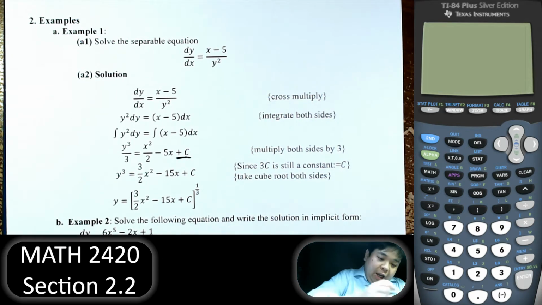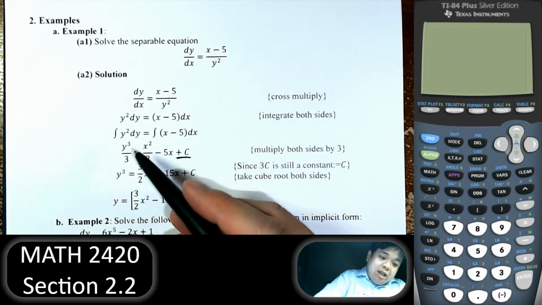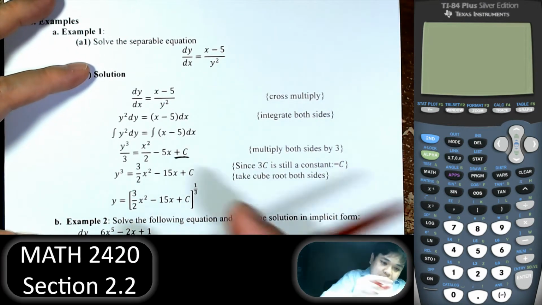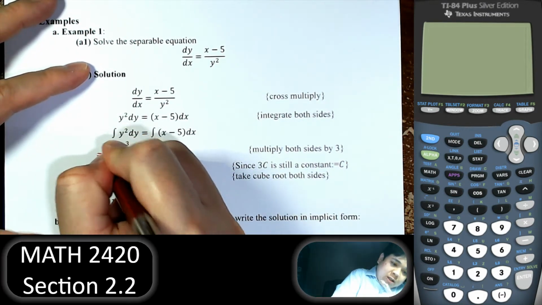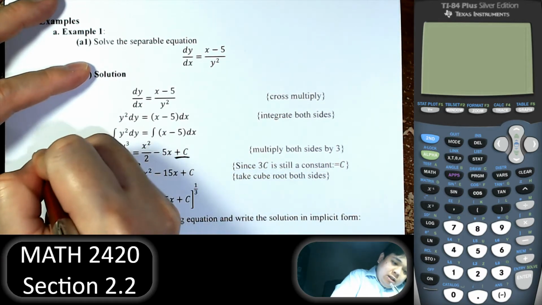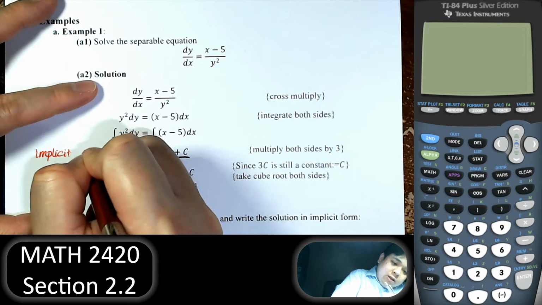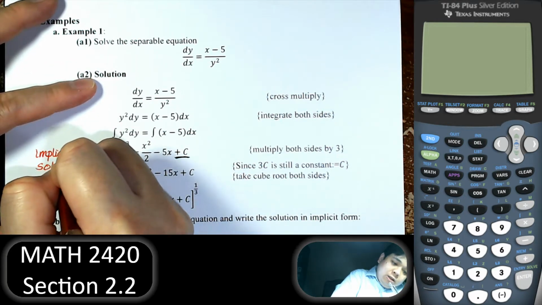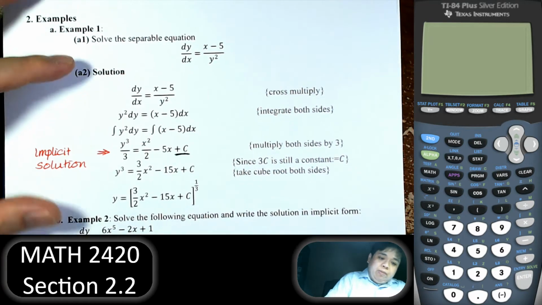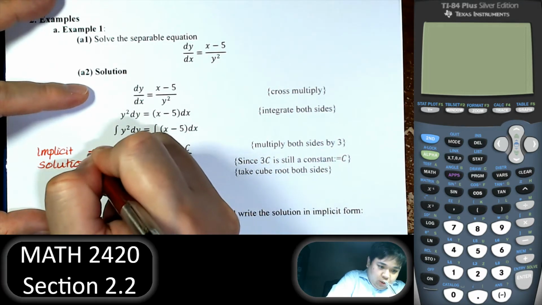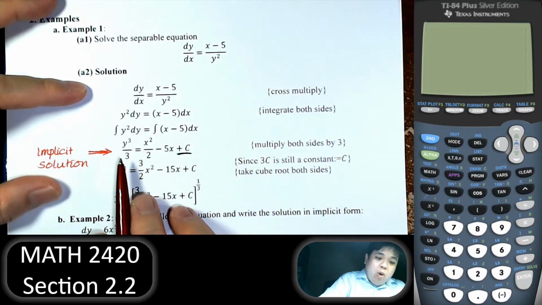Now if we want to solve for y, by the way, when we integrate, we can say this is an implicit solution. So we have the equation relating y and x together.